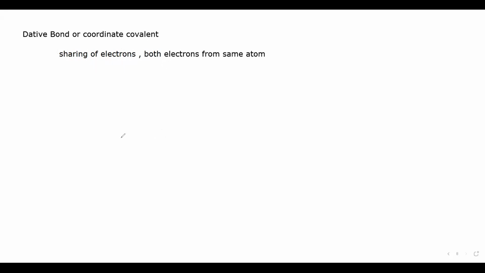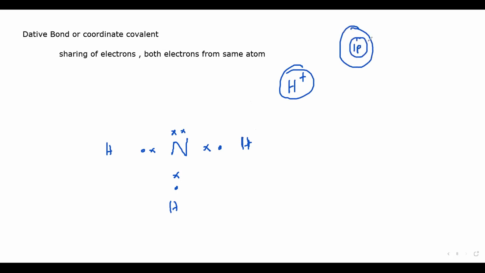Example, we have ammonia in which nitrogen is forming bonds with hydrogen through covalent bonds, and nitrogen has a lone pair. So all of the atoms in the structure are stable. But what happens if there is a proton in the region? A proton, H plus, means only one proton. It does not have any electron.